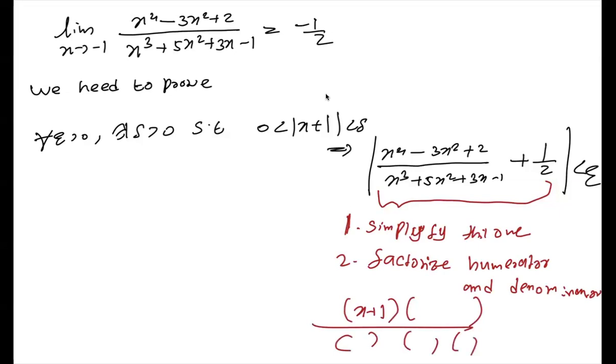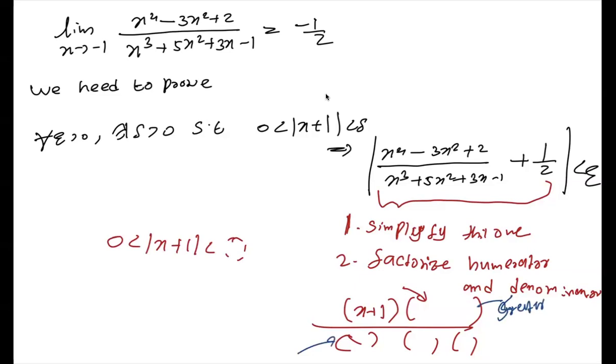And then, after you factorize this one, you have to take inequality for each of these items, starting from something like x plus 1 less than some delta value here, and you have to get inequalities for the items in the numerator. You can find some positive constant which is greater than those values.